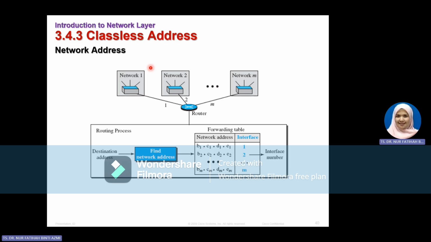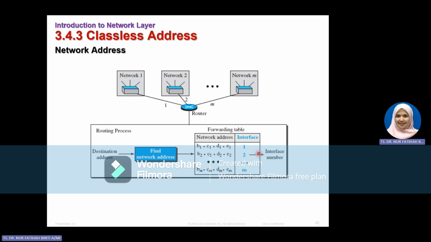At the top, we can see a simple view of the internet showing network 1, 2, and up to network M, representing different networks connected to the router. The numbers 1, 2, and M show the interfaces or ports on the router. Interface 1 is connected to network 1, interface 2 to network 2, and so on.